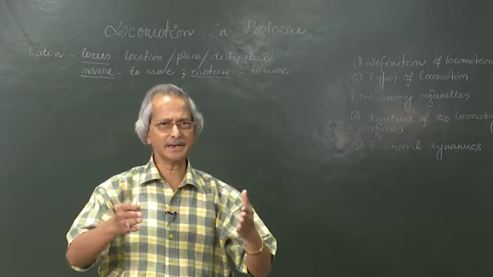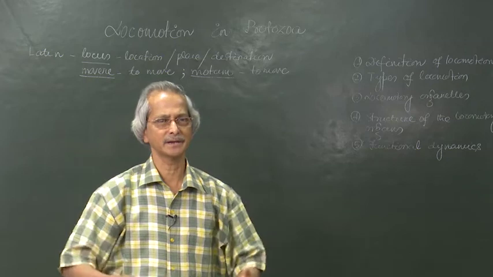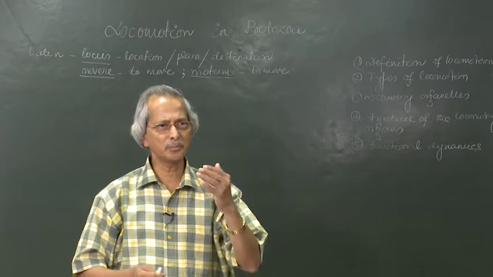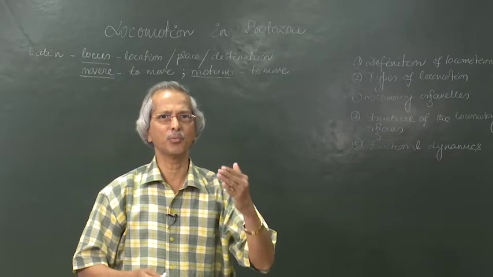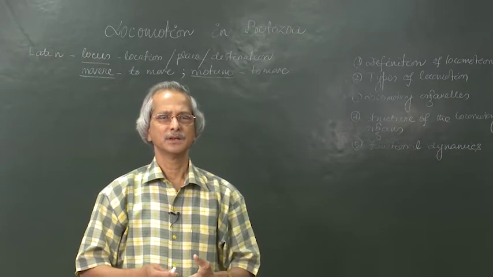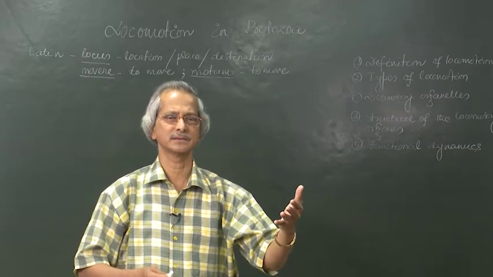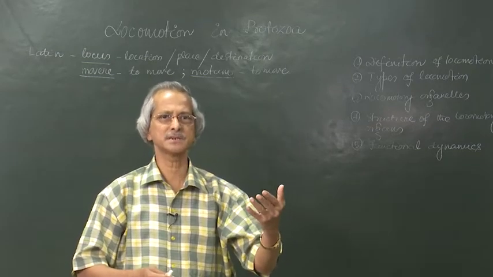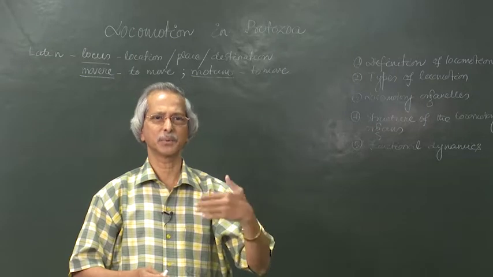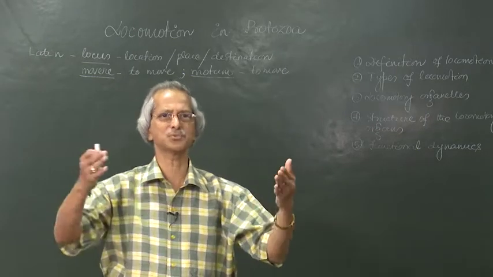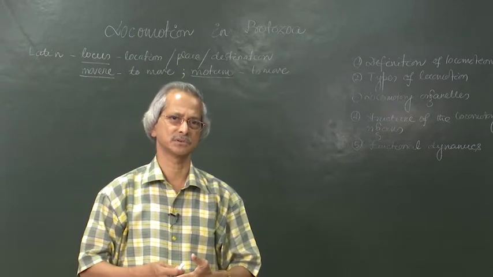If we define it in simple language, locomotion is a process of movement of animals from one place to another. When animals move from one place to another, that process of displacement is called locomotion.